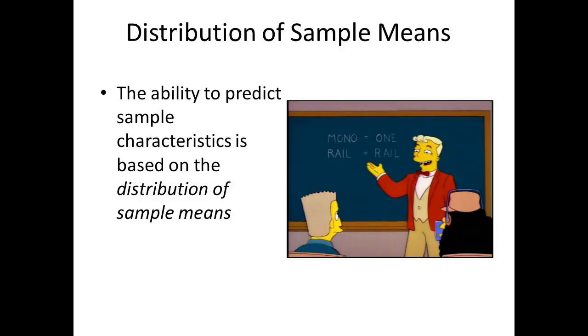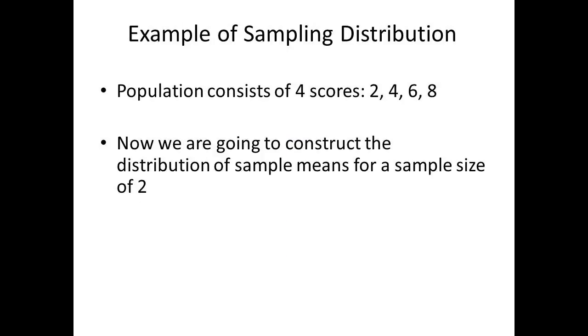But essentially, instead of a population being individuals with individual scores, the population is every theoretically possible sample mean that could be drawn from that population. And then we can use probability to say, what are the chances that we would get a particular sample mean?